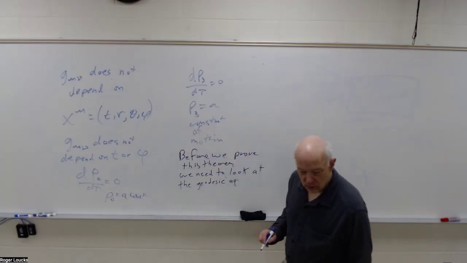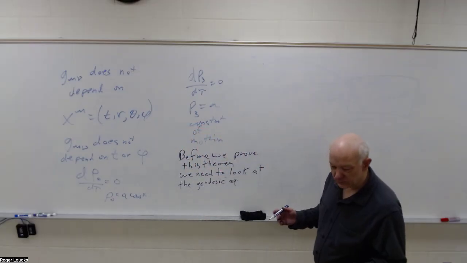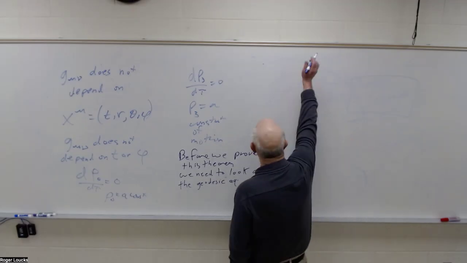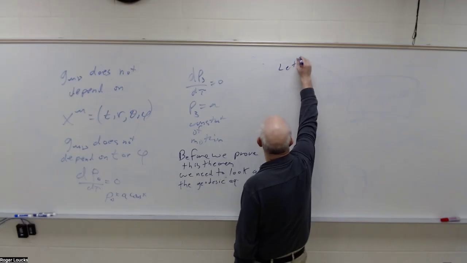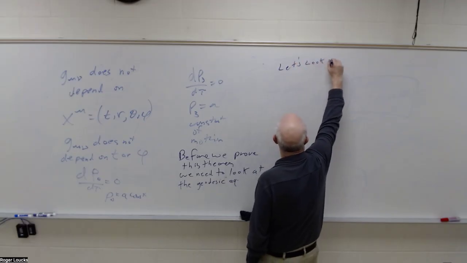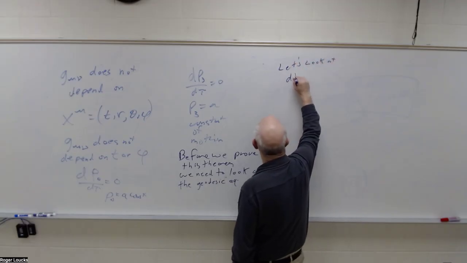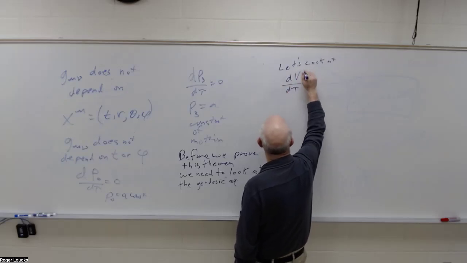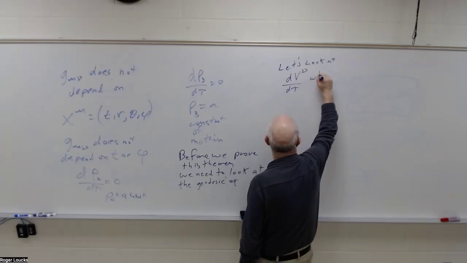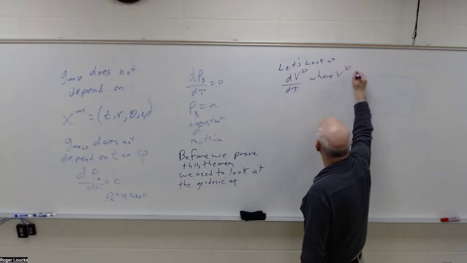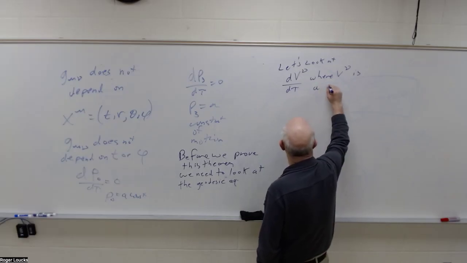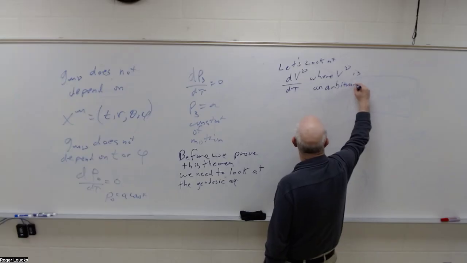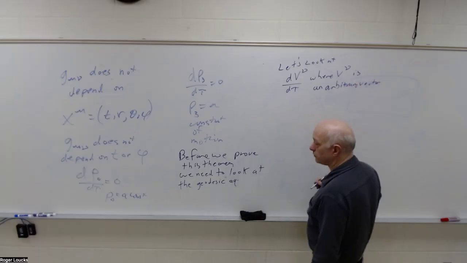Okay. So let's do a couple of funny things here. Let's look at dx mu d tau, where v mu is an arbitrary number.